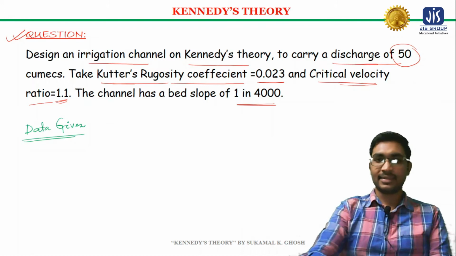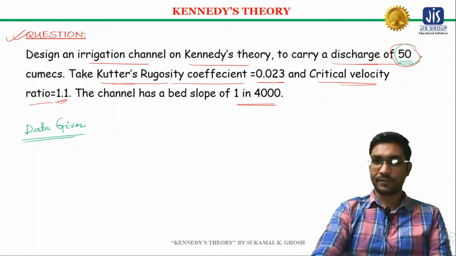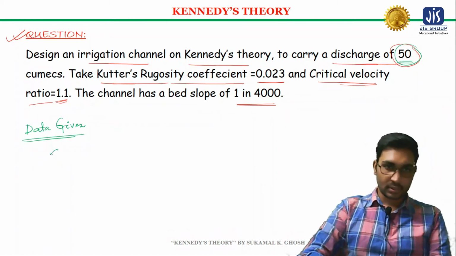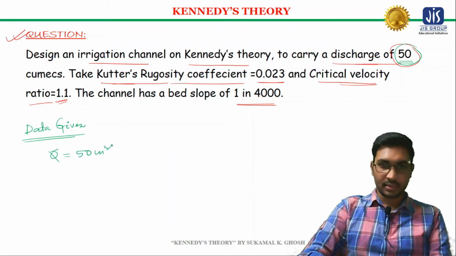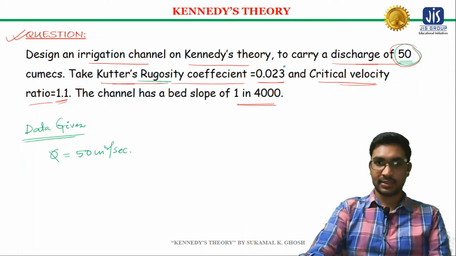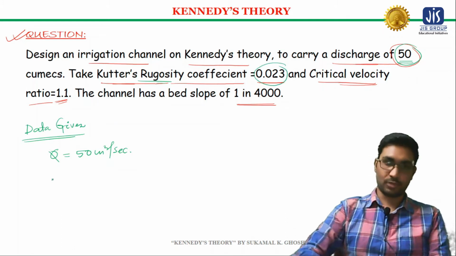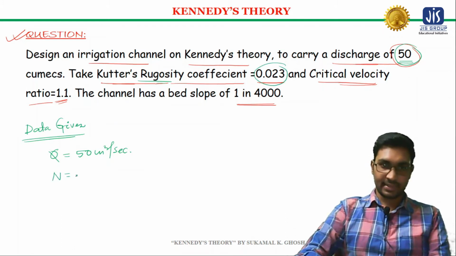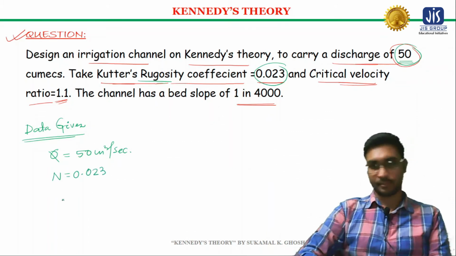The canal is carrying a discharge of 50 cubic meters per second, so Q is equal to 50 meter cube per second. Coulter's rugosity coefficient is 0.023, so N is 0.023.